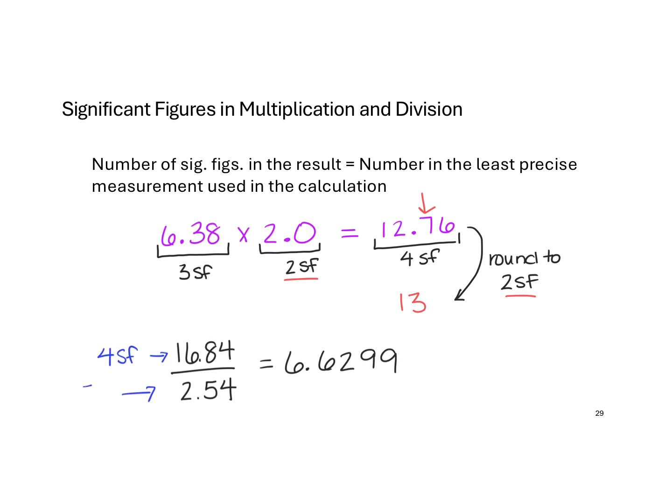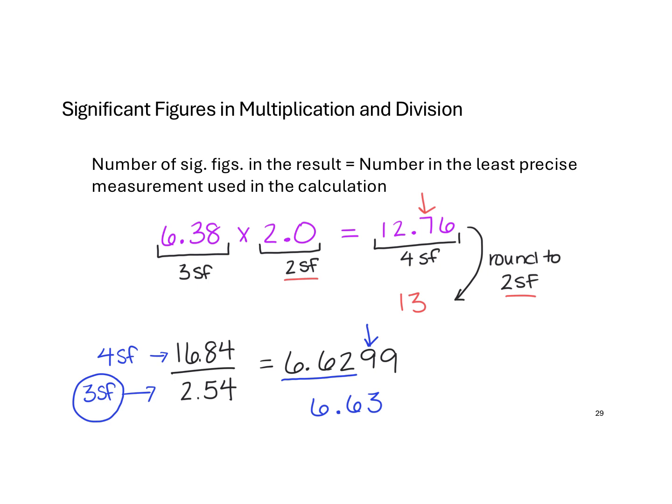We look here and we have 3 significant figures. Our answer needs to match the lowest number of significant figures, which is 3. So these need to be the 3 digits we have. We look here, that is a 9. So that means we need to round up the 3 that's in front of it. So that would be 6.63. So these are the rules that we follow in multiplication and division.